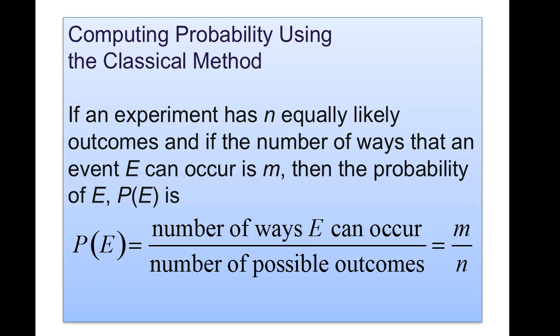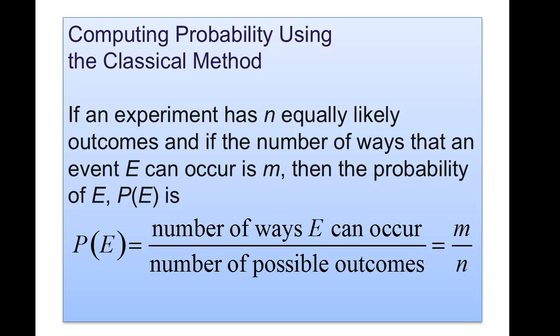Computing probability using the classical method. If an experiment has n equally likely outcomes, and if the number of ways that an event capital E can occur is m, then the probability of E, P of E, is a fraction where the numerator is the number of ways that E can occur, and the denominator is the number of possible outcomes.